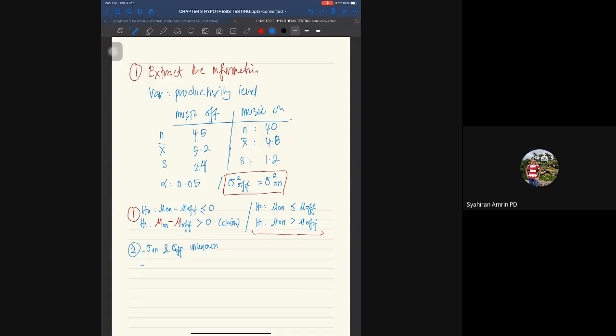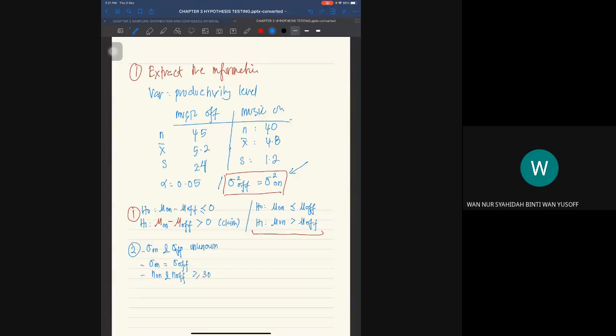Equal, based on the condition given in your question, so sigma on equals sigma off. What about your n? Greater than 30. So n on and n off are greater than or equal to 30.